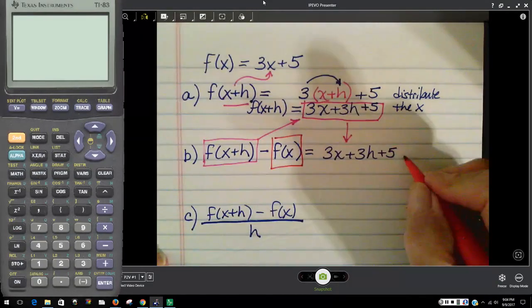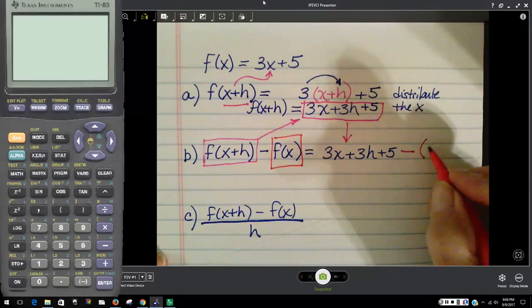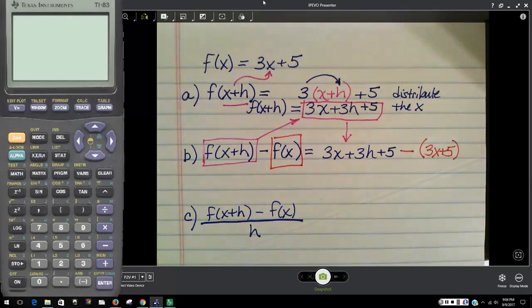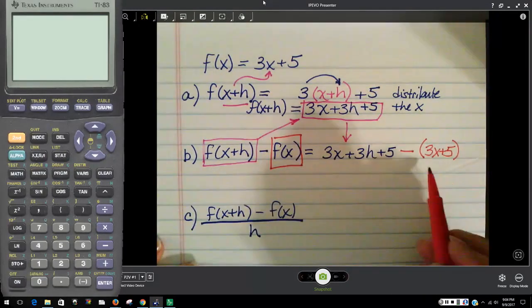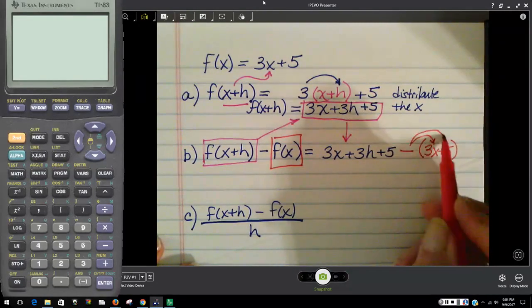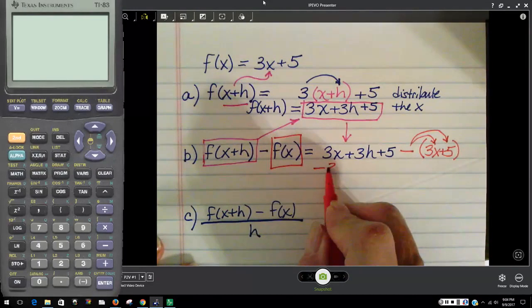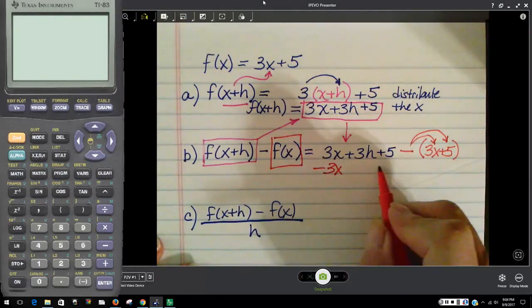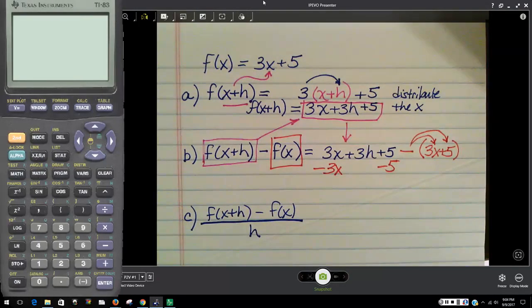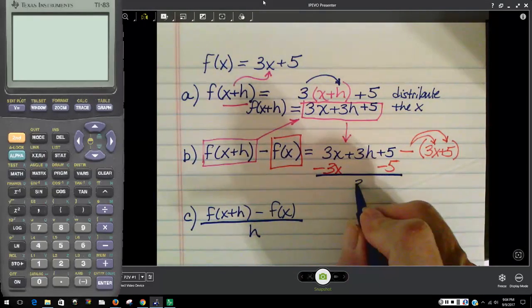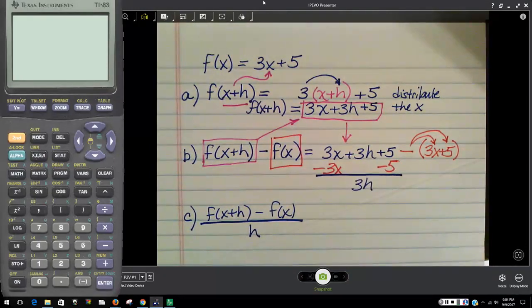So that's going to be minus the quantity 3x plus 5. And remembering once again that you are subtracting both the 3x and the positive 5, that's going to be minus 3x minus 5, and that's going to leave us with the quantity 3h.